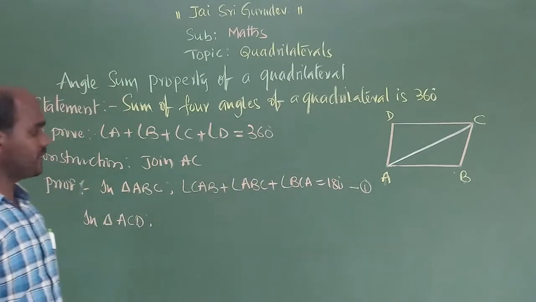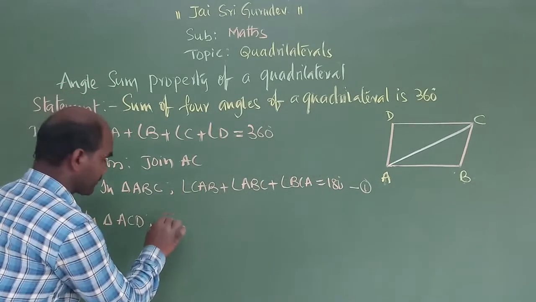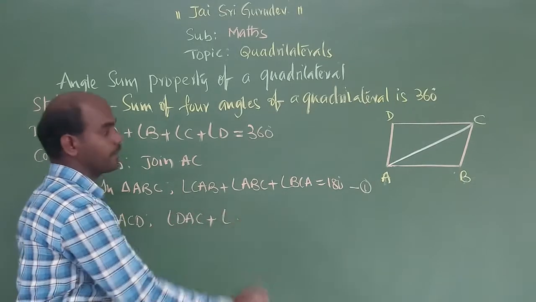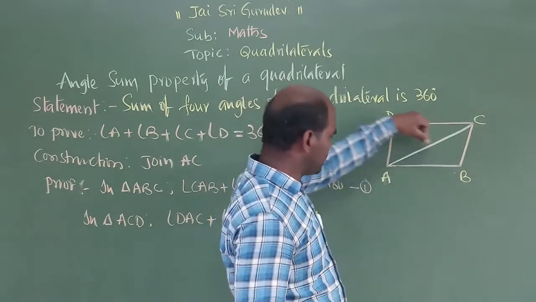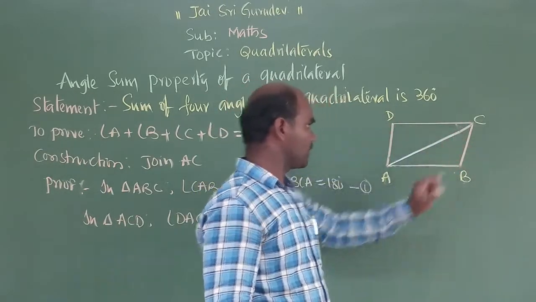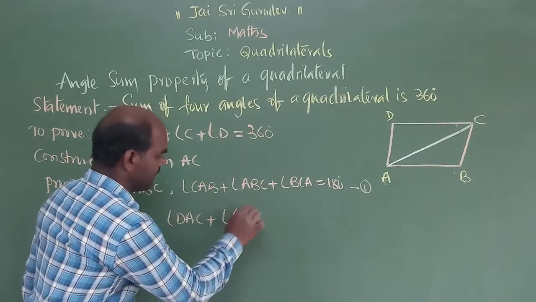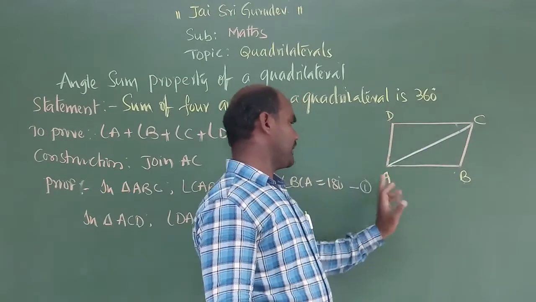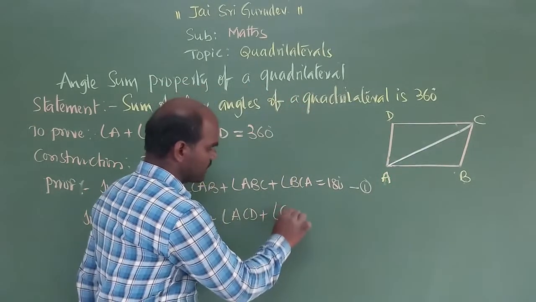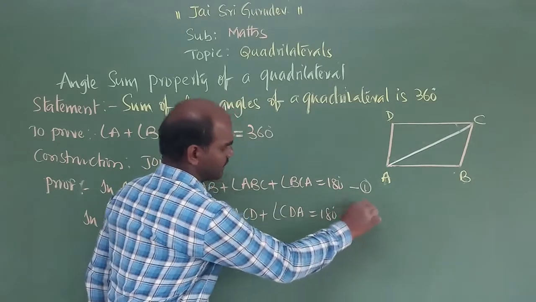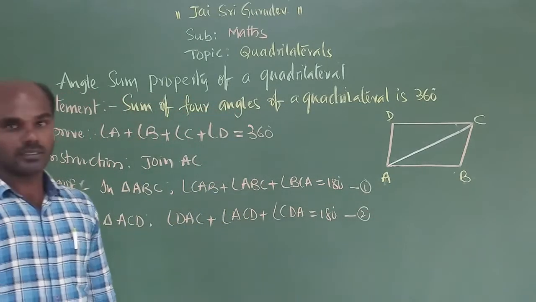So angle DAC, this angle, plus angle ACD, this angle, plus angle CDA is equal to 180 degrees.